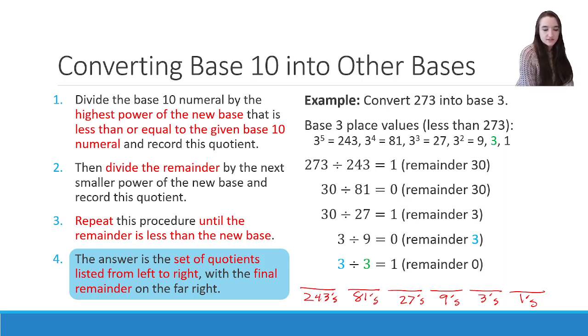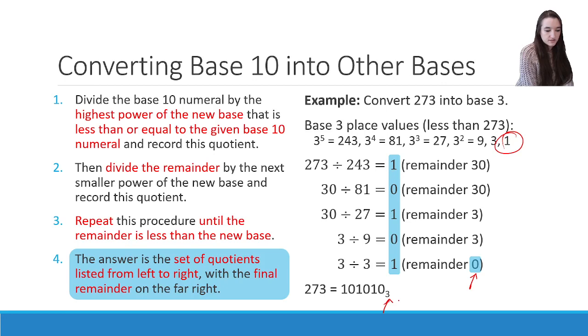So you can write this out as you go. So first we get a 1, then a 0, then another 1, then a 0, then a 1, and the last one is going to be a 0. So all together we get 1, 0, 1, 0, 1, 0, base 3. Make sure to note that base so you're writing it in the right format.